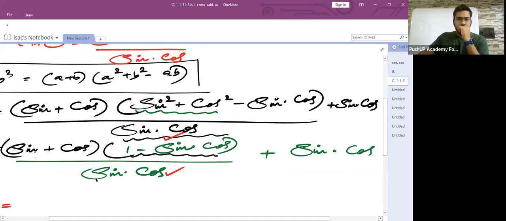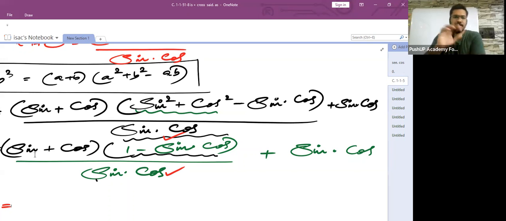So then 1 minus sine into cos plus 1 plus sine into cos, both will cancel, and you get the answer equal to 1. Priya, just give it a try and send me the pic. Okay, sir.